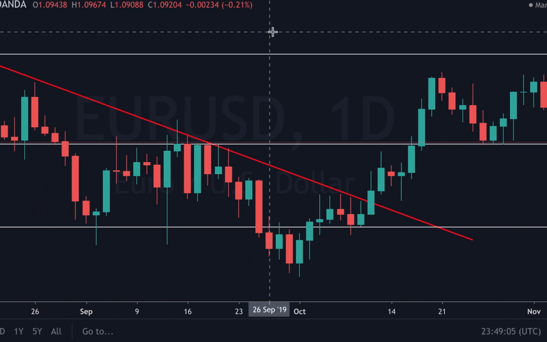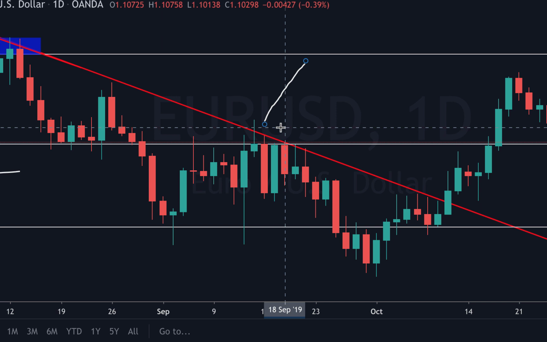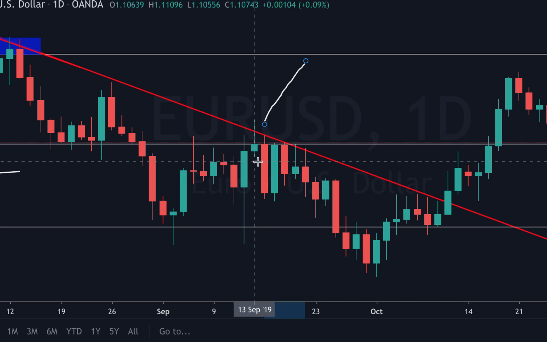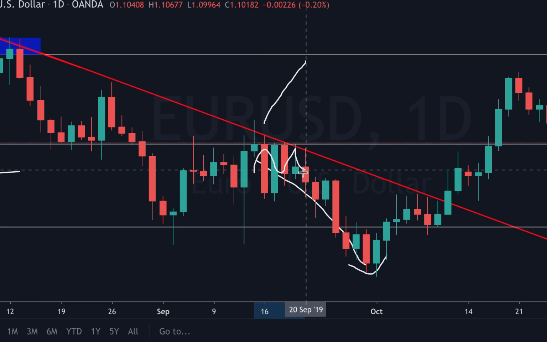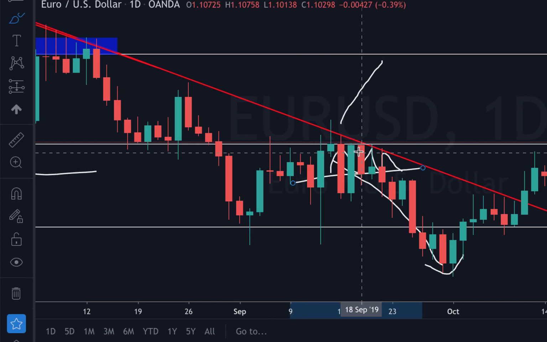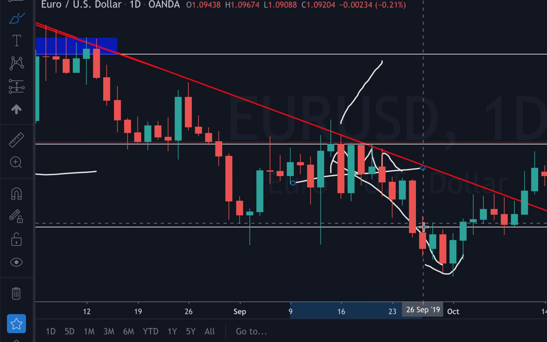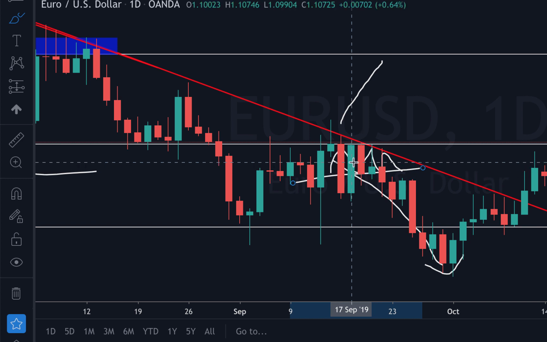Either it's going to be a break, or the market is going to continue to go down. There's a third scenario where the market can start ranging, and that's what happened over here, right? We had a bit of a range, and then the market eventually came down, but for about 3 or 4 days, we had a bit of a range. There was a lot of conflict between buyers and sellers at this point.